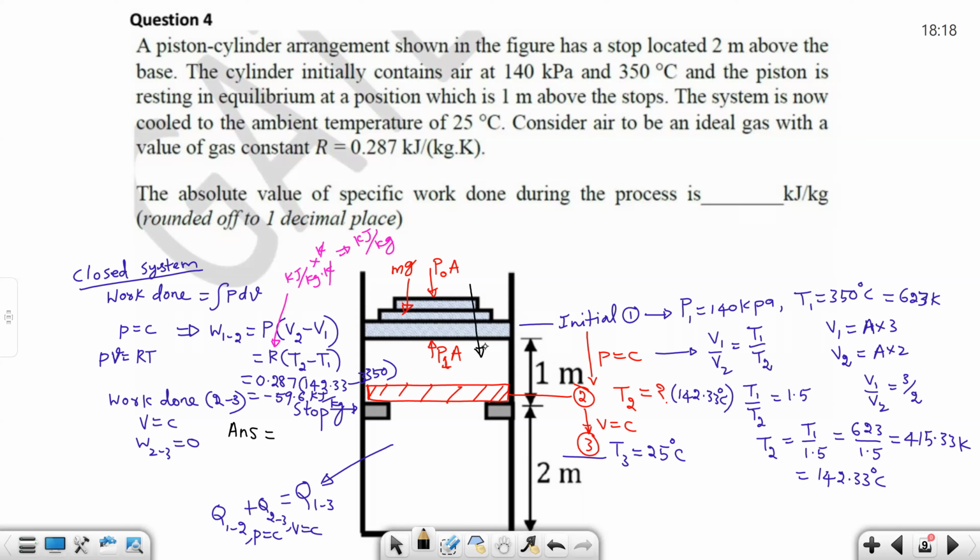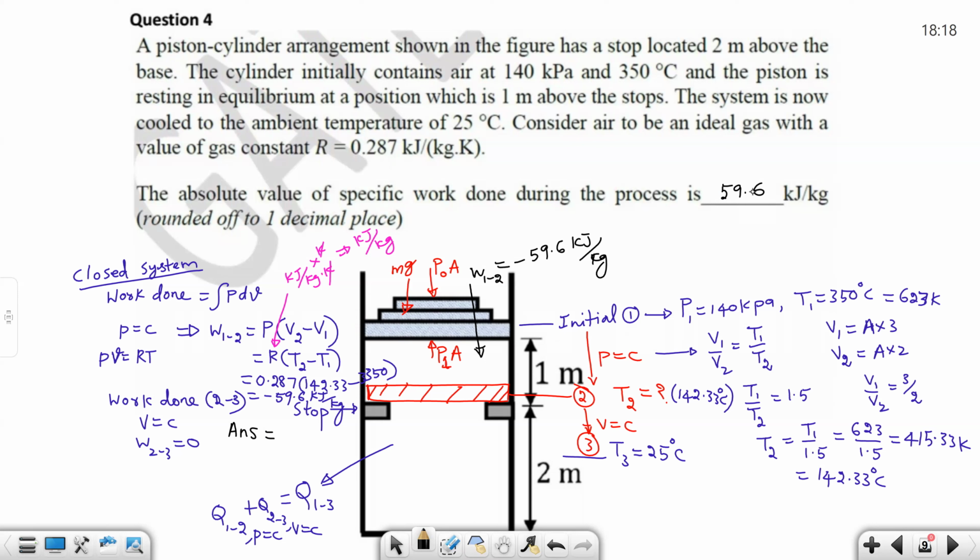So you are giving work during the process 1 to 2, which will be minus 59.6 kilojoule per kilogram. Negative sign indicates the work is given into the system. So we want only the magnitude, the absolute value of specific work done. So it is 59.6 kilojoule per kilogram.